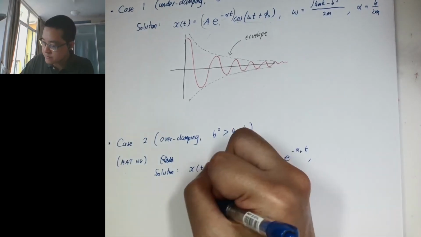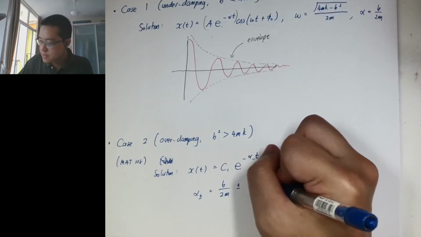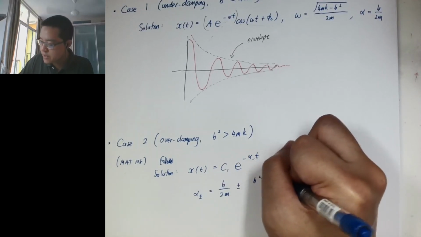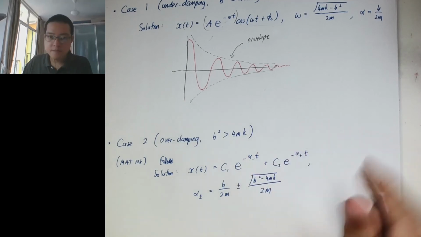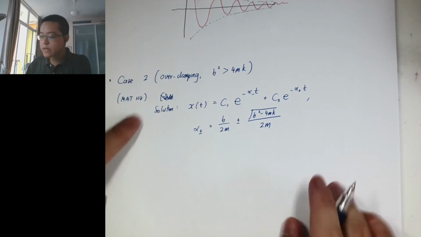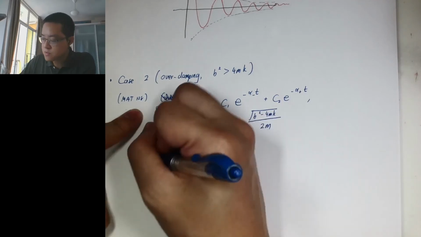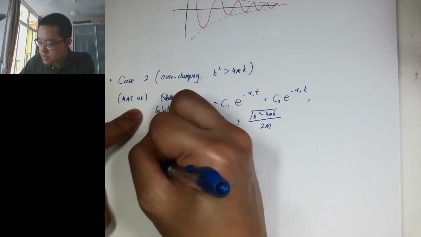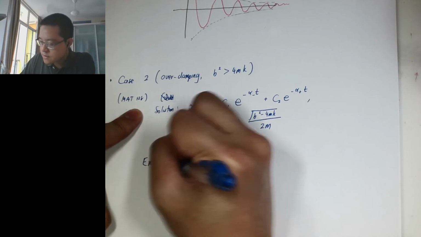Alpha positive and negative are given by b over 2m, plus and minus the square root of b squared minus 4mk, all over 2m. Both are exponentially decreasing solutions, so this is what we call an exponentially decaying solution.